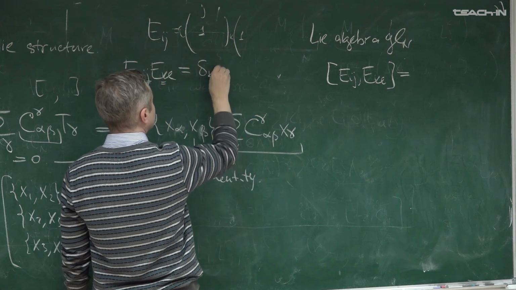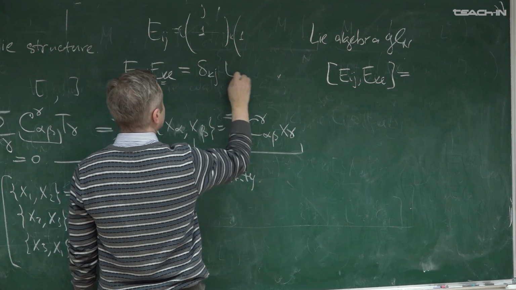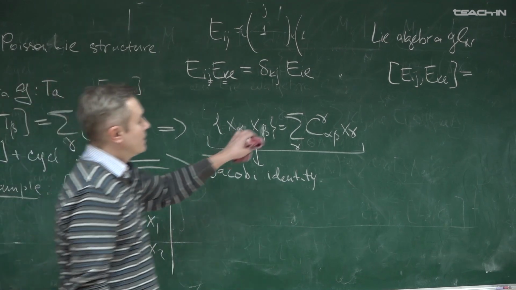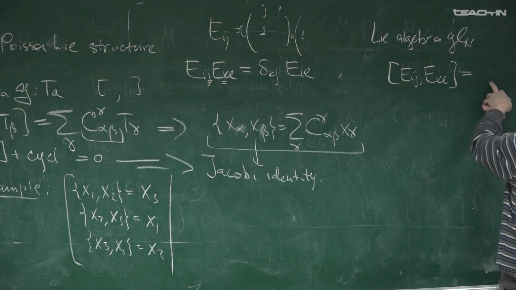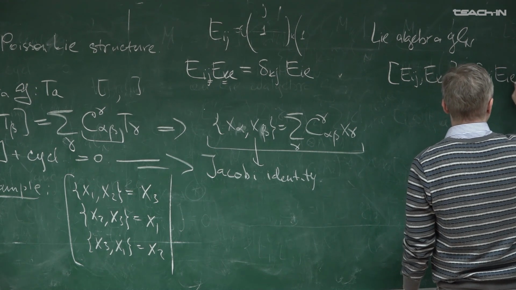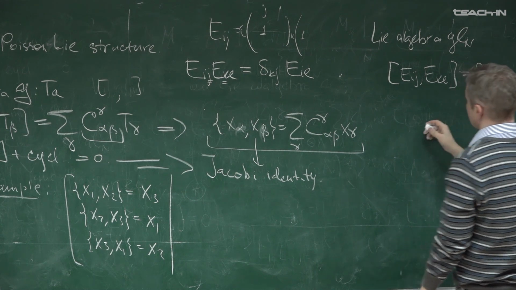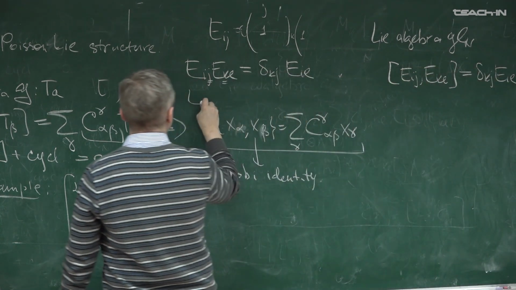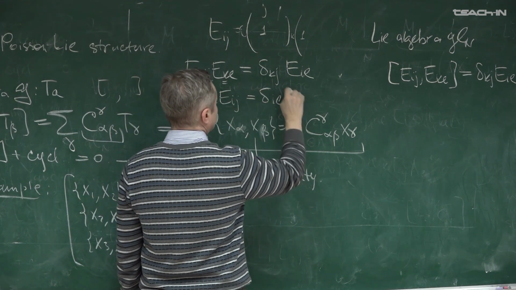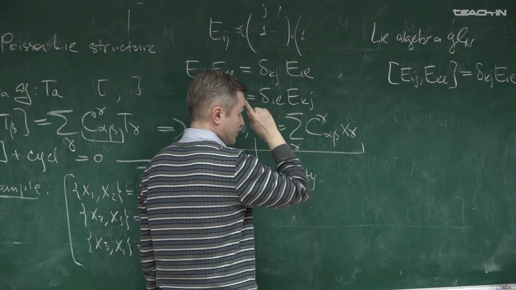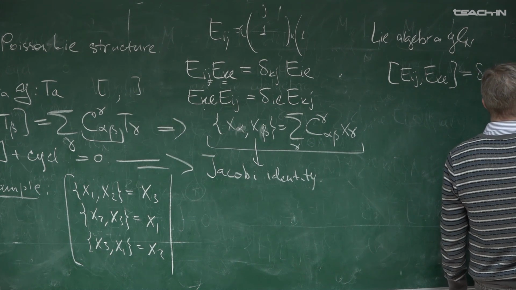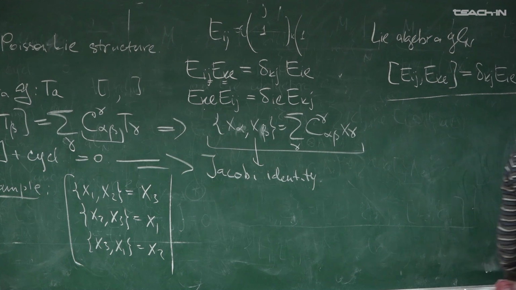So you have here the delta symbol, delta_kj E_il. And we may write this result, delta_kj E_il, minus vice versa. In the same way, we may write the other relations. This is a set of commutation relations.